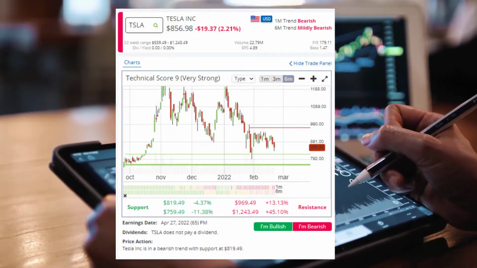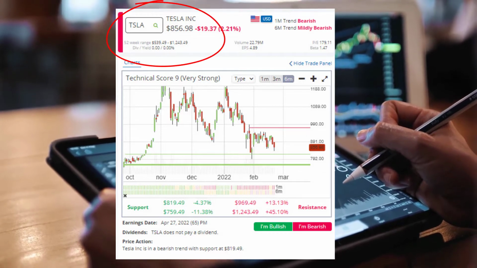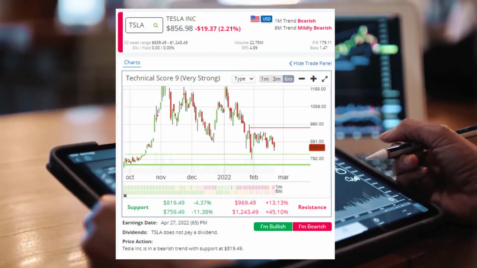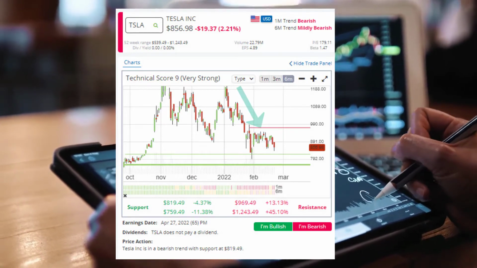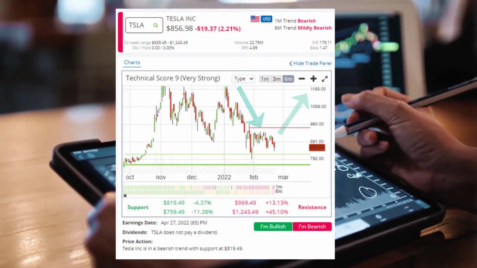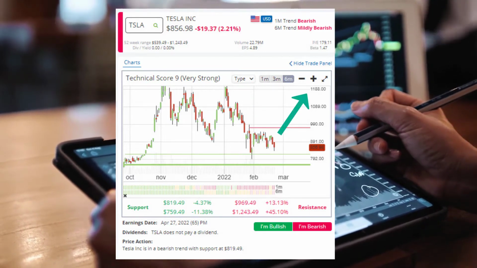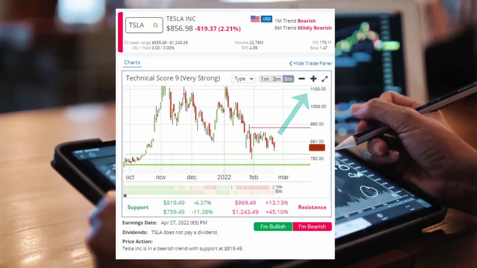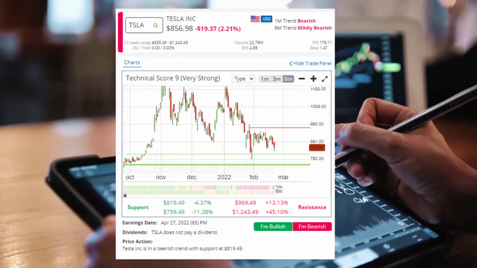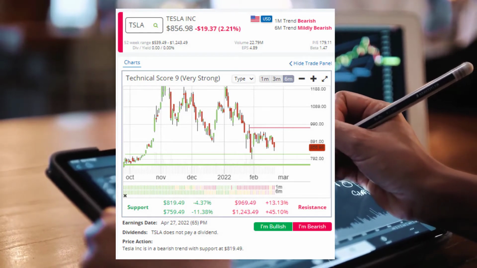Let's use the stock Tesla as our example of how you could potentially use options. Now, Tesla have been coming off since the start of 2022, but your point of view might be that things are about to peter out and turn bullish once more. So in options world, we've got two really basic starter options that we could play here.